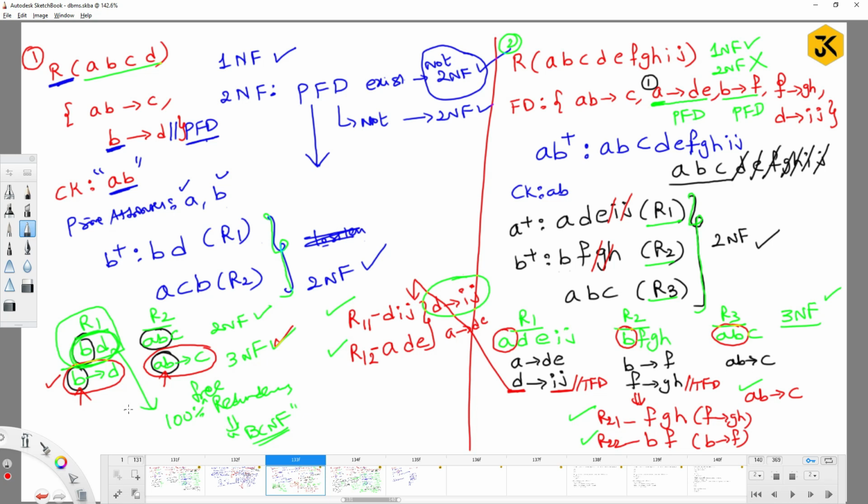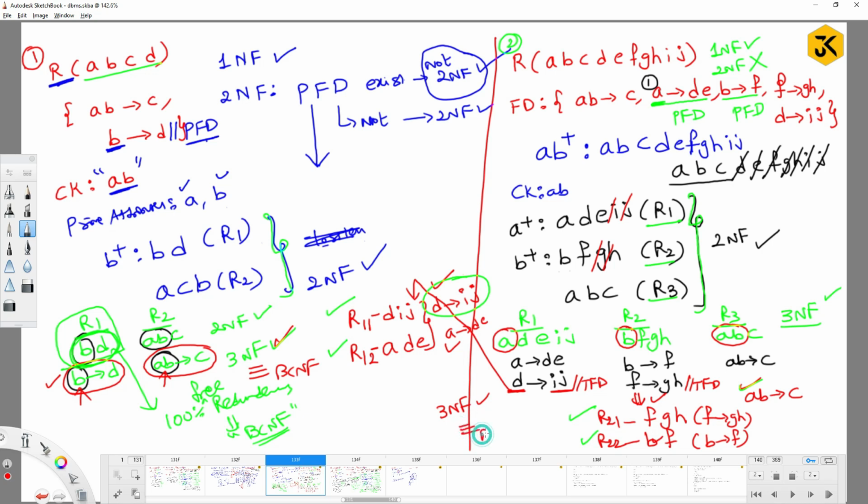What about BCNF? Left side is a key, so it is also in BCNF. What about here? Here the left side is a key, and here the left side is a key. As all the left sides are keys, it is following 3NF, and the same rule is applicable for BCNF also.